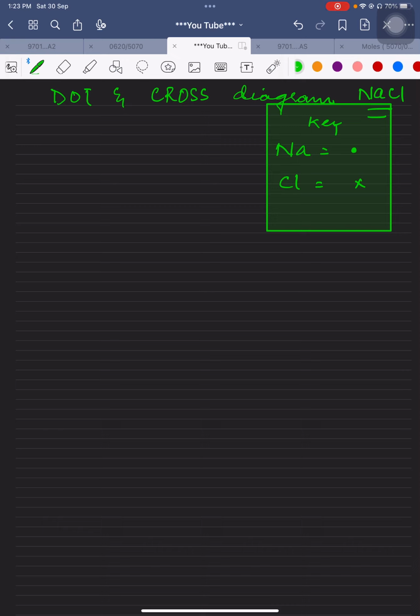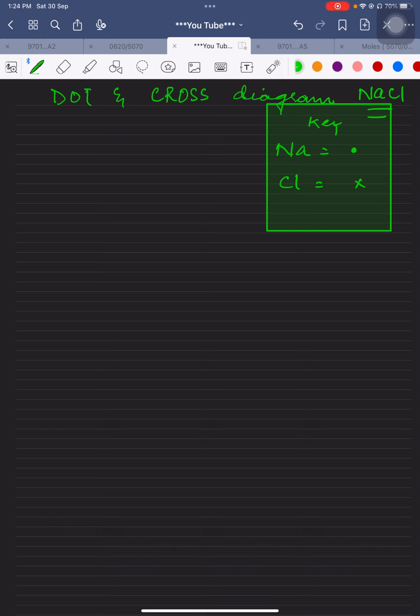A very common question students ask in class is: the examiner will ask us to draw the dot and cross diagram, or can we change anything, like the key, can we take a triangle or something like that? Yes, sometimes, if the examiner is not mentioning this clearly, it is possible.